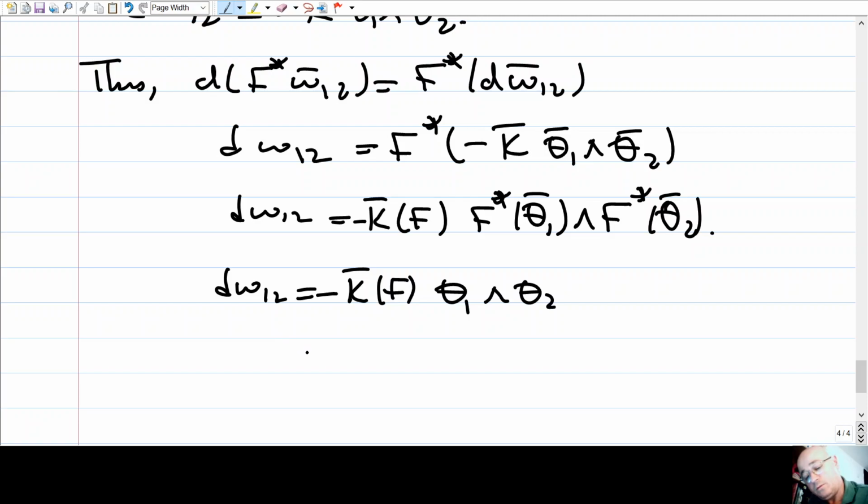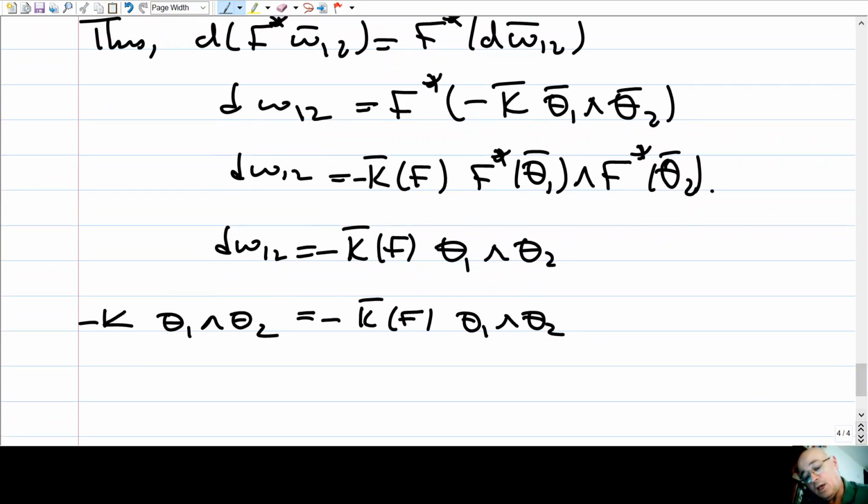That's also equal to minus K theta 1 wedge theta 2, and this is equal to minus K bar of F theta 1 wedge theta 2. Well, these are the same 2-forms which are non-degenerate on the tangent space, and they agree, therefore their coefficients must be the same. So this means K is equal to K bar of F. And this proves the result.